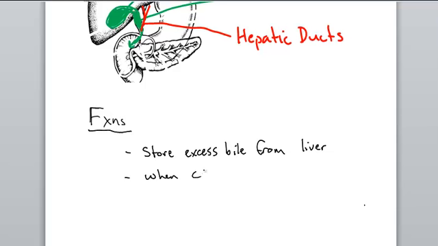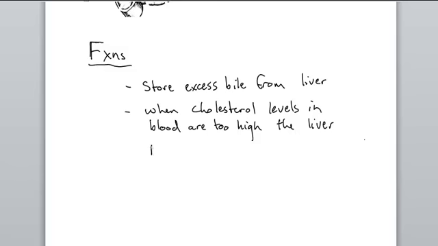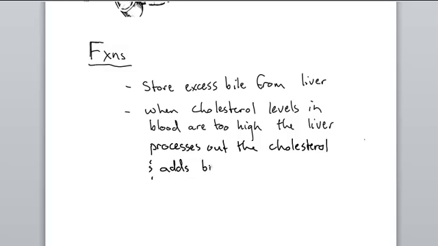When cholesterol levels are too high, the liver actually processes out the cholesterol and adds it to bile. Now this can have a negative effect on your gallbladder.